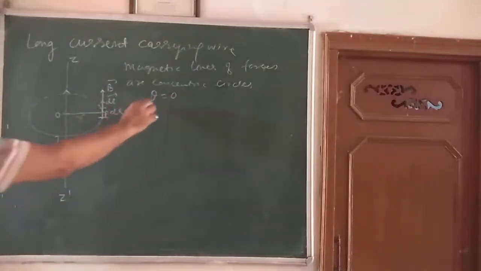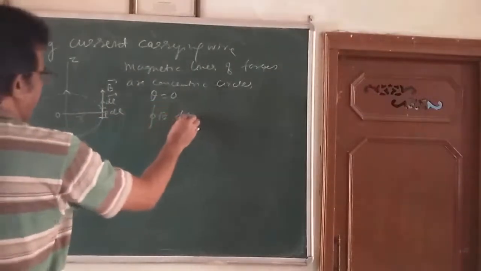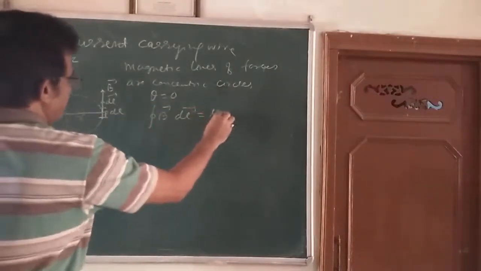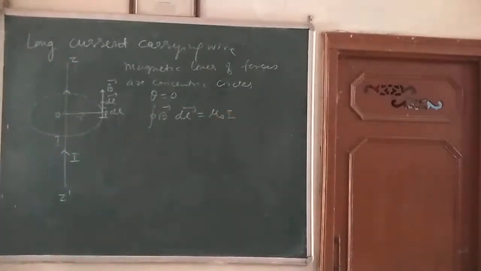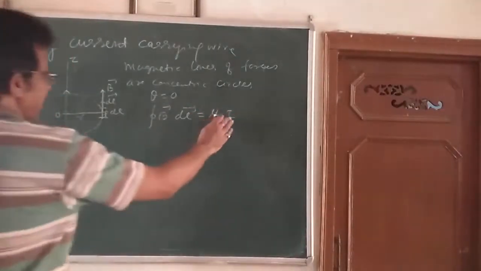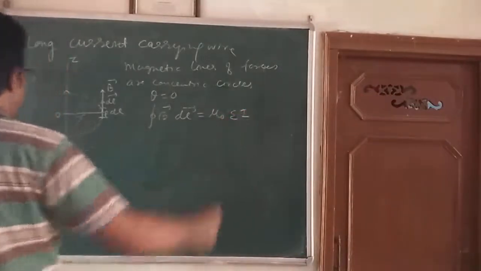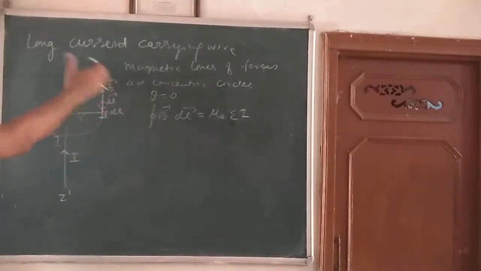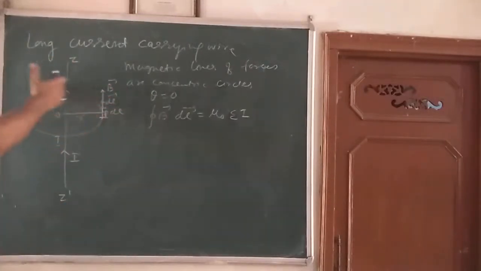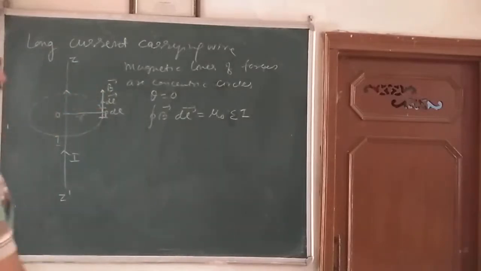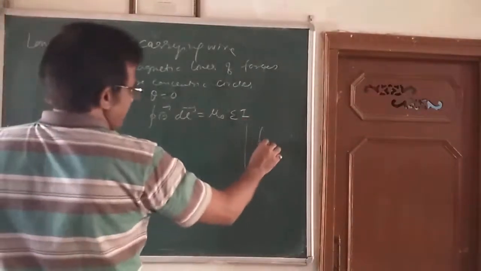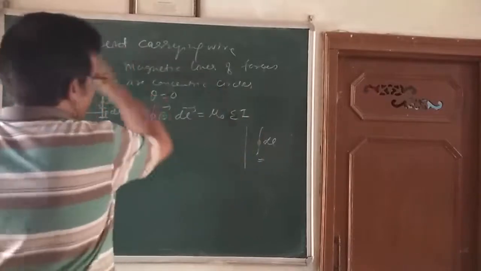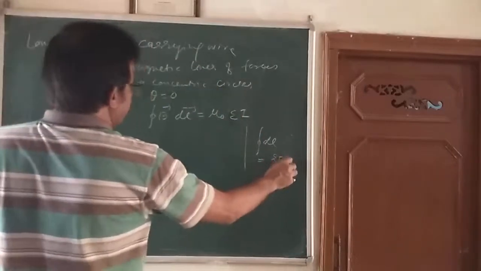So according to Ampere's circuital law, the integral of B dot dl is equal to mu naught times the total current, sigma I. This is the line integral of B around the complete circular path of radius R. The integral of dl is L, the circumference of the circle, that is 2 pi r.